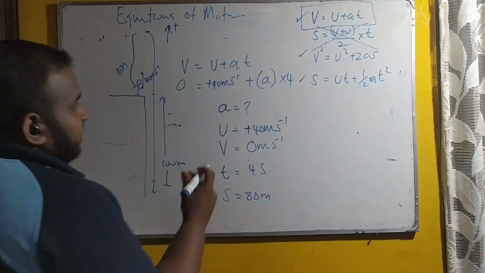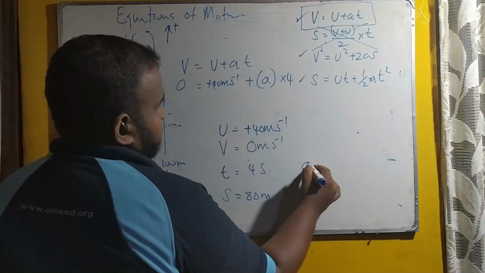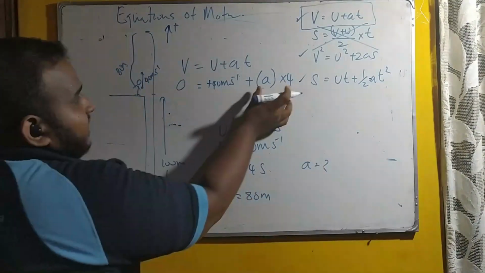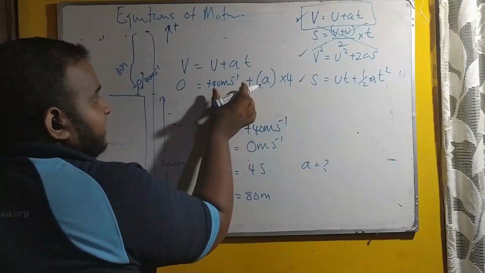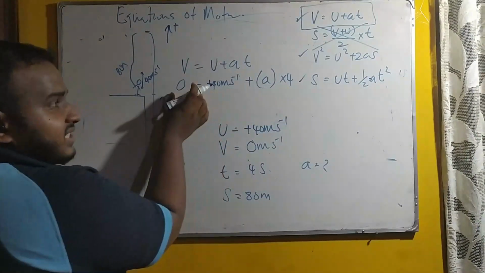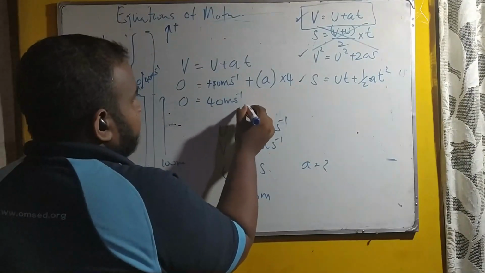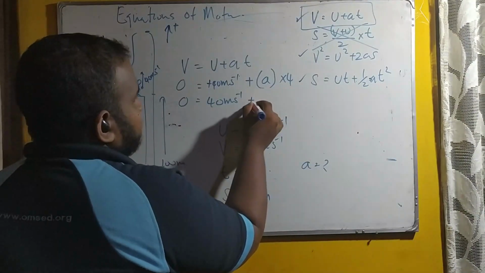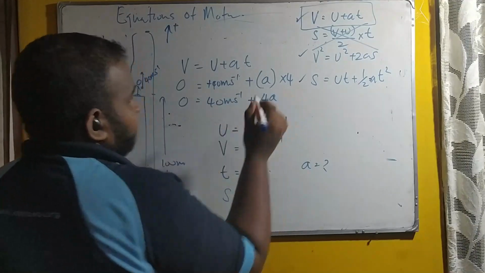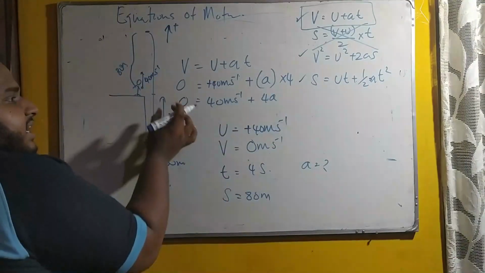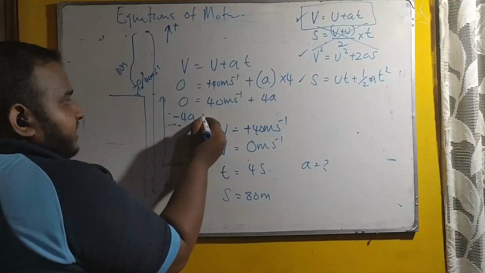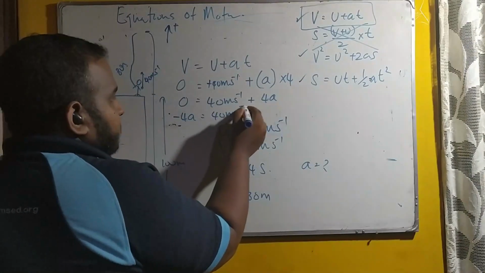So just tell me how we can solve it. 0 is equal to 40 meters second minus 1 plus 4a. So if you take this 4a to this side, minus 4a is equal to 40 meters second minus 1.